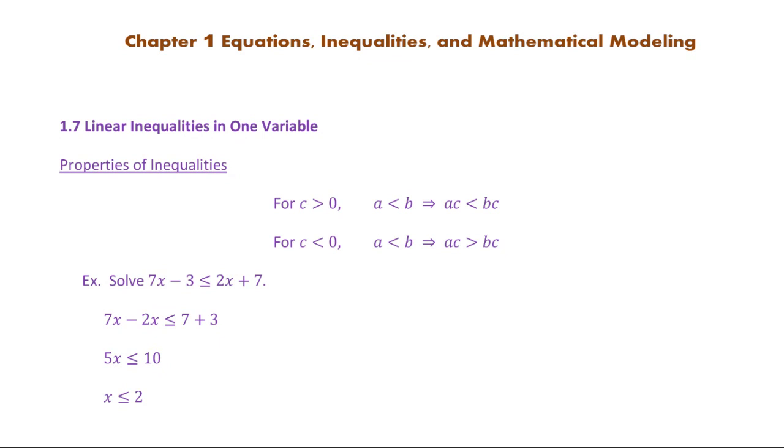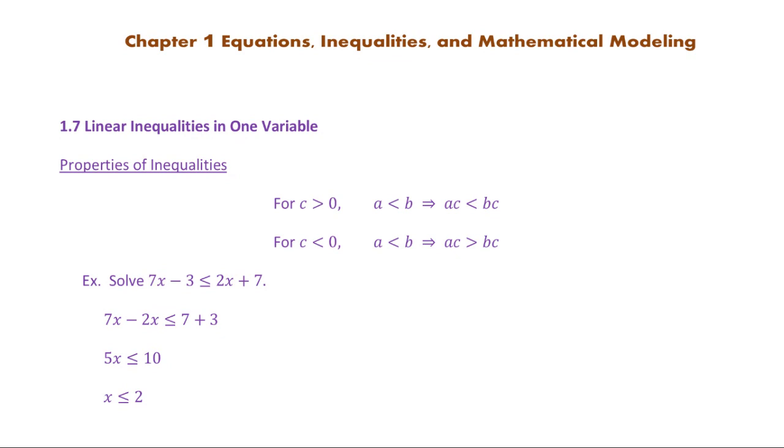In this example, we have 7x minus 3 less than or equal to 2x plus 7. How do we solve this inequality? We do a similar thing to what we do in equations, combine like terms. We separate the variables on the left and the constants on the right. So we get 7x minus 2x less than or equal to 7 plus 3.